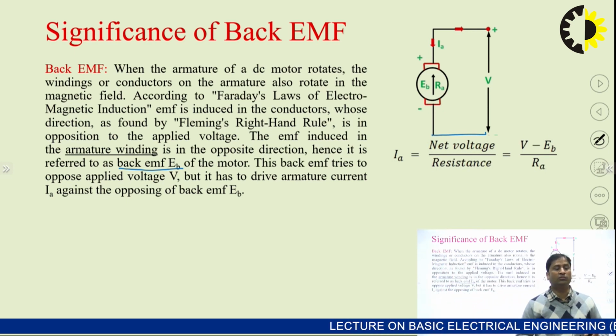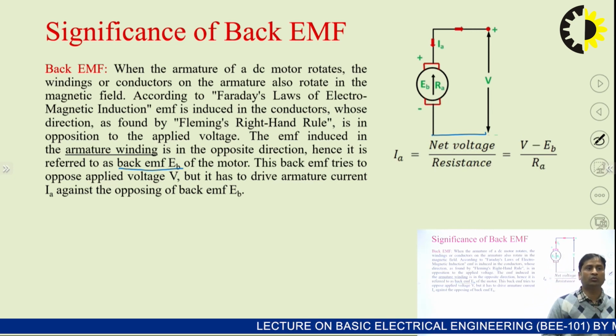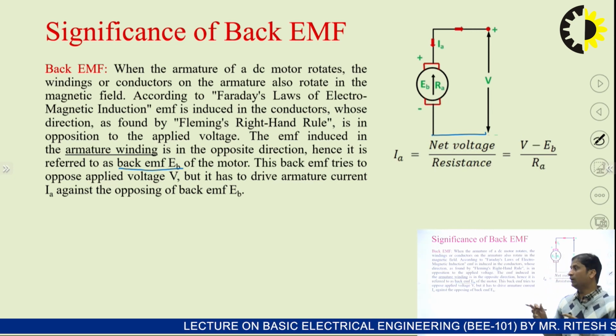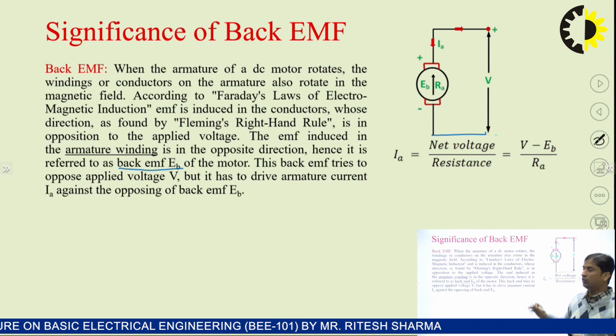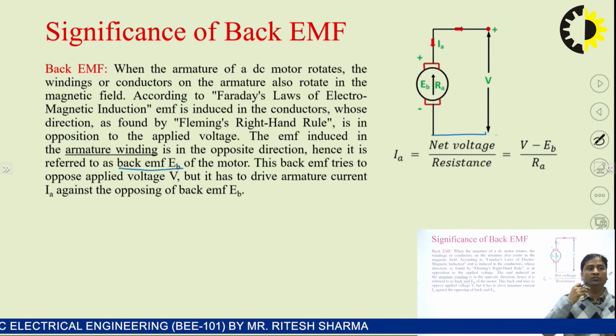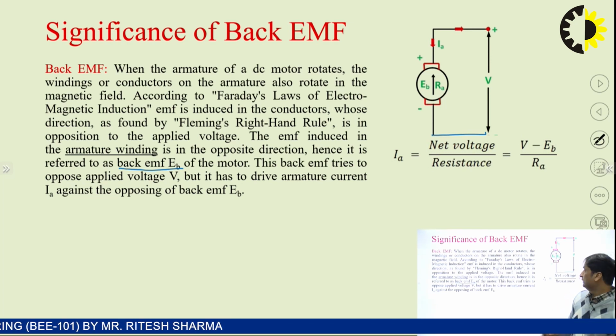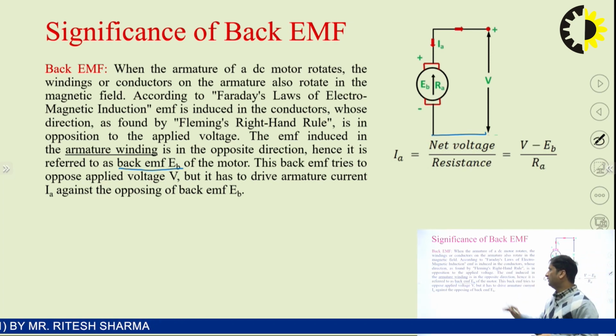When the armature of the DC motor rotates, the winding or conductors on the armature also rotate in the field, and according to Faraday's law of magnetic induction, an EMF is induced in the conductor, whose direction can be decided by Fleming's right hand rule.